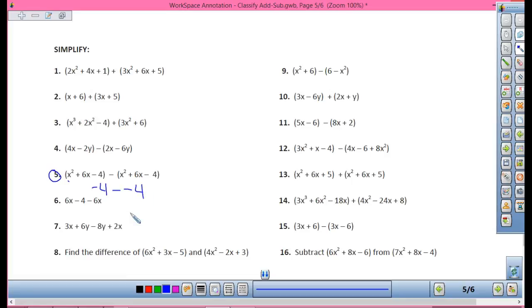Sometimes maybe you have to write it out. What happens when you have a minus a negative? Turns into a plus, and we have 0 again. So my whole answer for this guy was 0 because everything turned out to be 0.